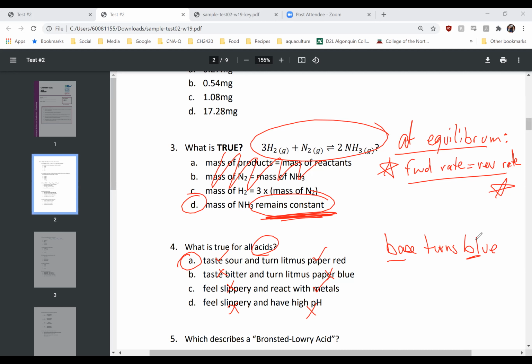If you put red paper into base, it will turn blue. Base turns blue, and that must mean acid will always turn red. So red paper stays red, blue paper turns red. I haven't picked up a piece of litmus paper in 15 years, but I remember that. I guess we do it in your lab, but I just remember blue, blue, blue in a base.